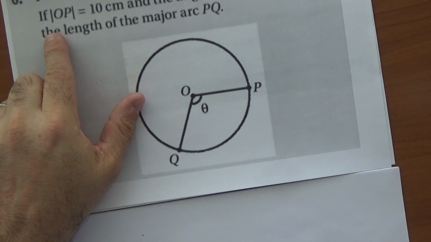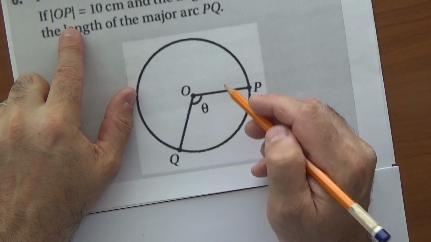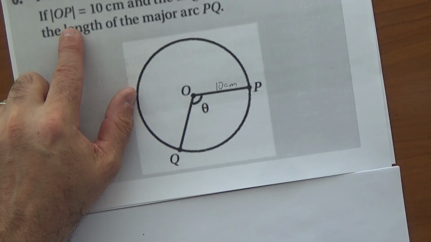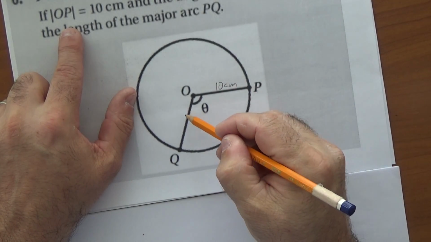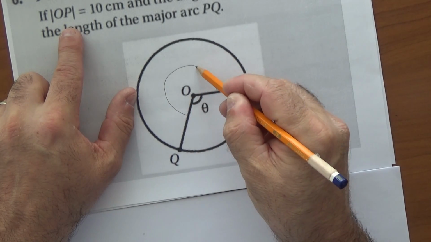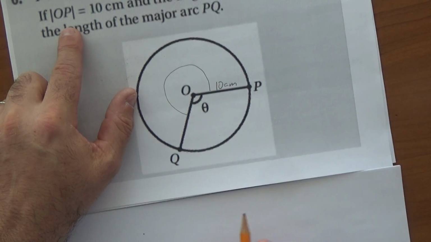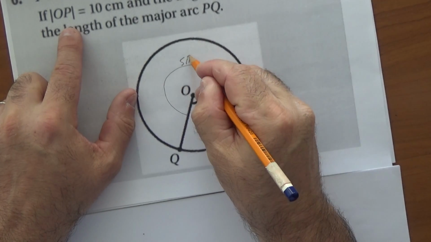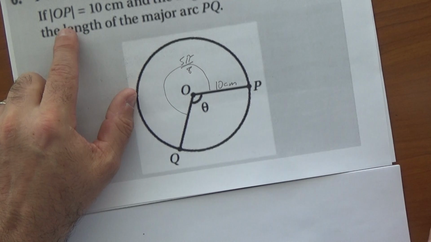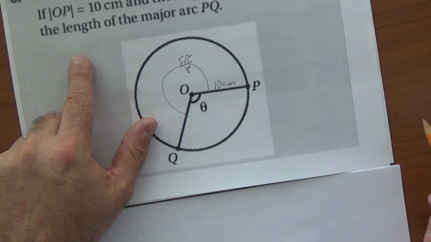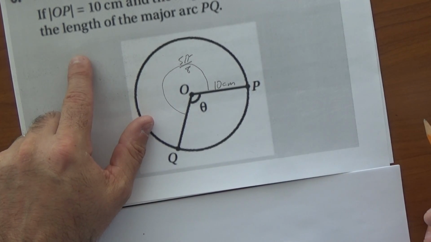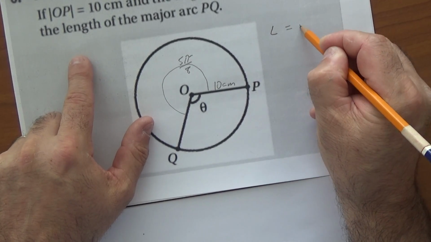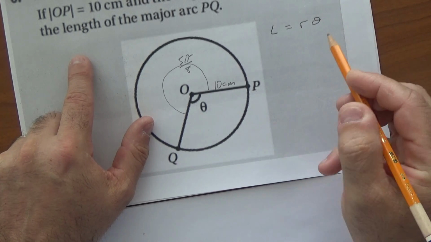Okay, so let's get some of these measurements on here. So that's 10 centimeters. And the angle is 5 pi over 8. And we're to find the length of the major arc. So this is actually a very, very simple application of the very first formula, L equals R theta.